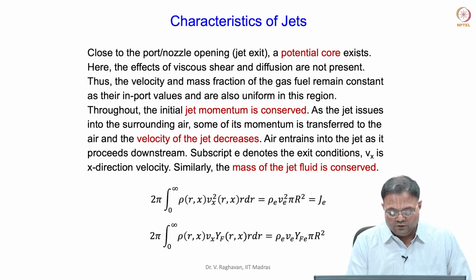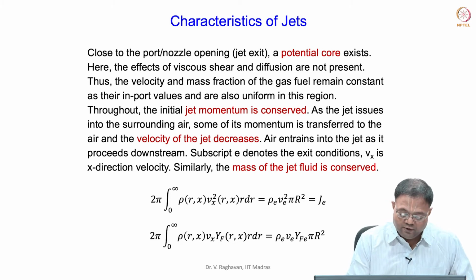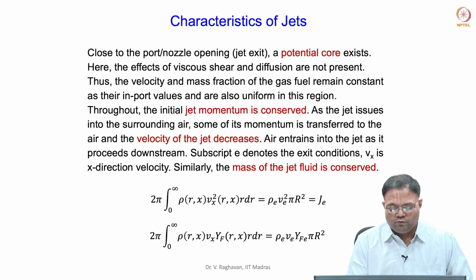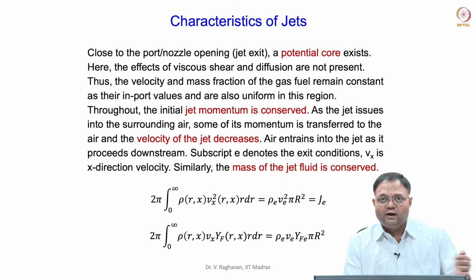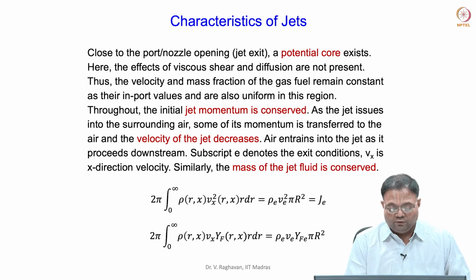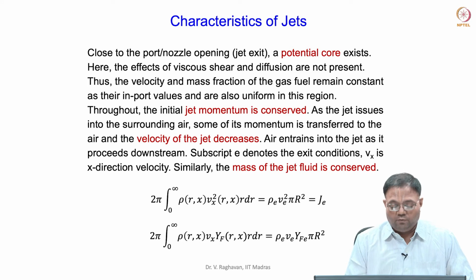Now when I do this, why is the density changing here? Because not only fuel, now air also is added. So the density changes at every radial location and axial location. At a particular axial location, if you fix x, then the density increases with radius. Similarly, the velocity will change, so rho v square represents the momentum, and 2 pi r dr is the area for integration.